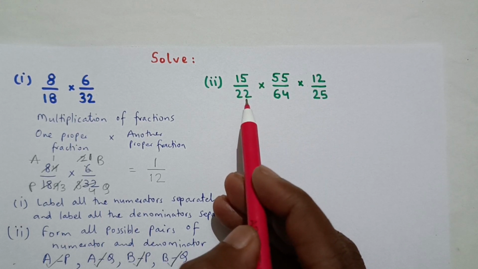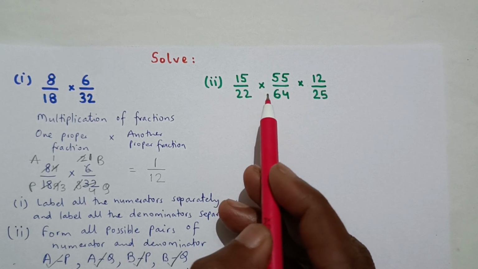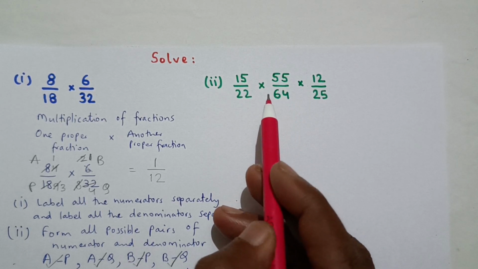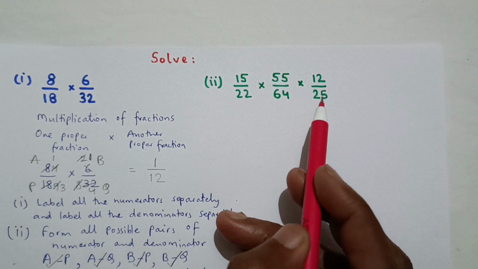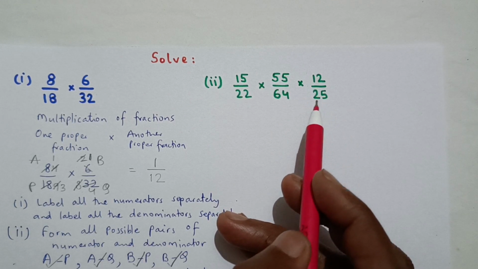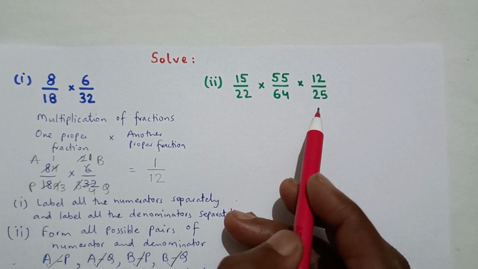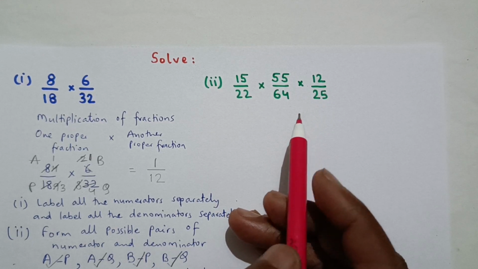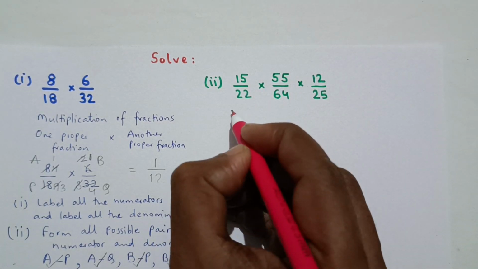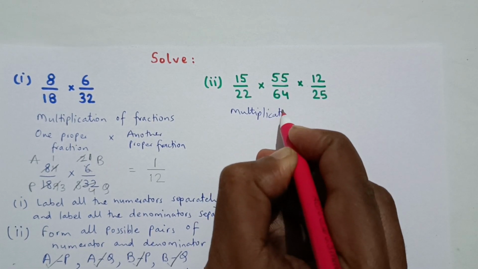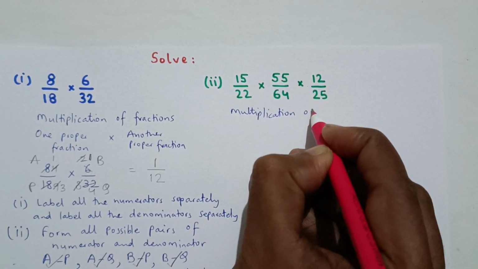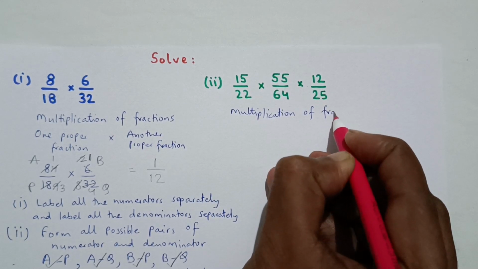So here the fraction 15 by 22 is getting multiplied to the fraction 55 by 64, which is again getting multiplied to the fraction 12 by 25. So this question is all about multiplication of fractions.